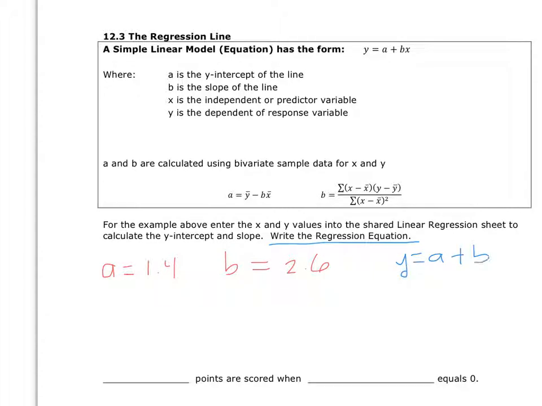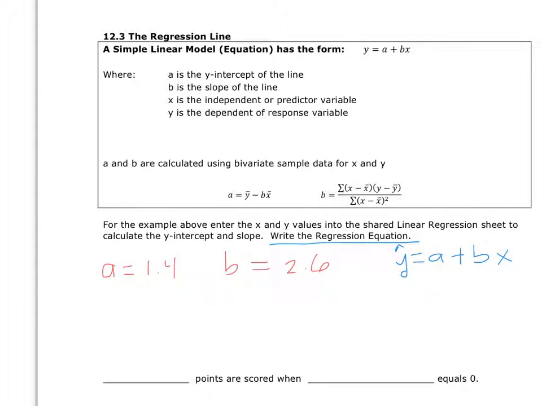Now, the textbooks and a lot of places will, when we are doing the summary, use a y hat for the equation based on the statistics, the descriptive statistics a and b that are based on the sample.